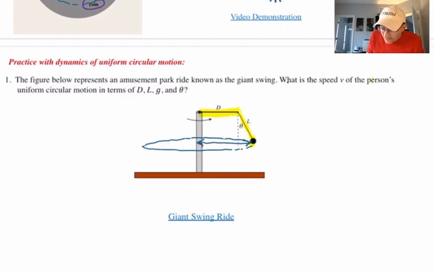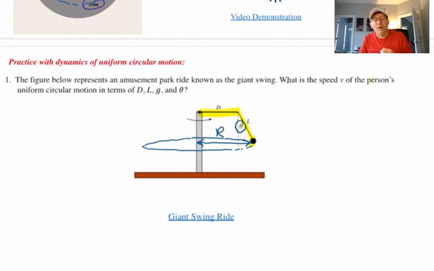So that distance right there is the radius of the circle. Now notice also, and you can see it in the video, that when we are in circular motion, the cable that hangs down normally and has the person sitting at the end of it is swung outward and makes an angle that I've marked here, theta, with the vertical. That dashed line is just to help you see that the cable of length L makes an angle theta with the vertical.